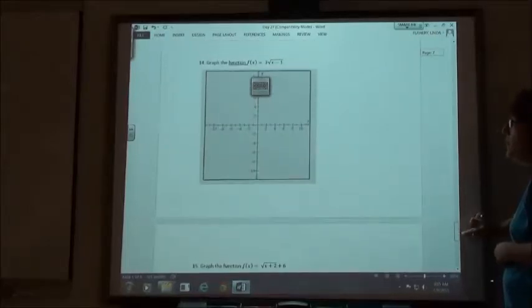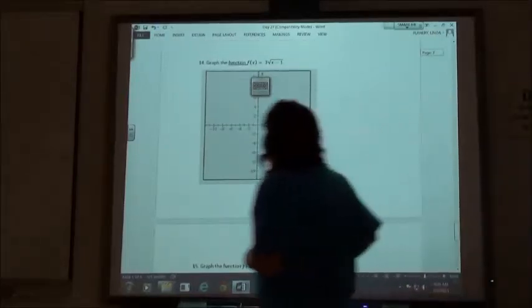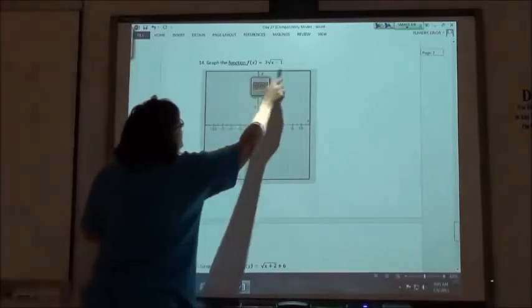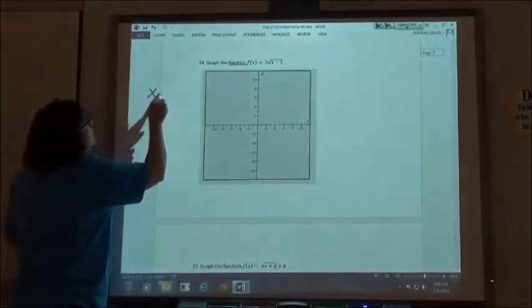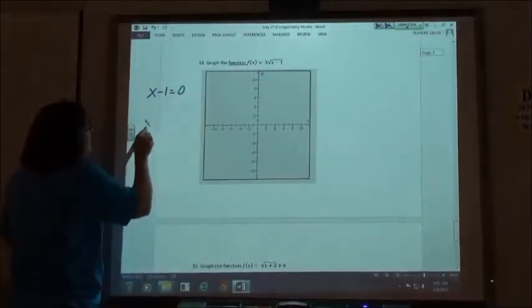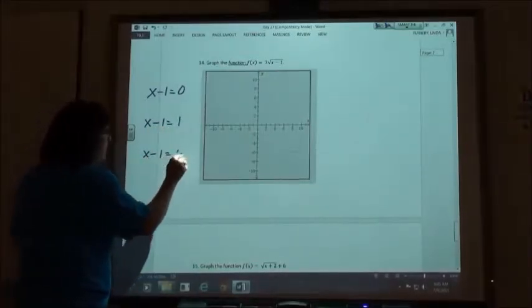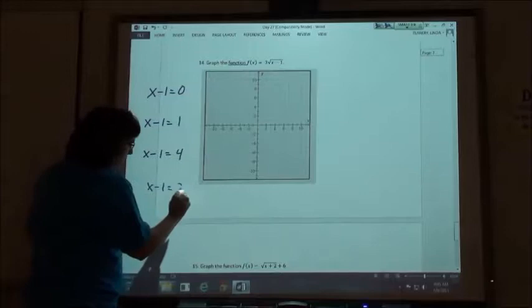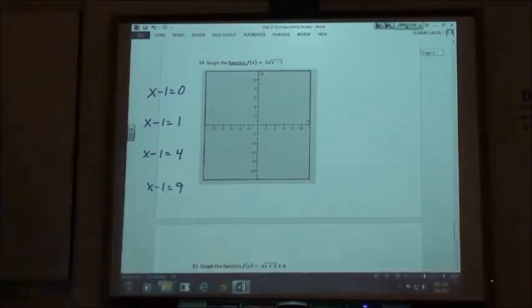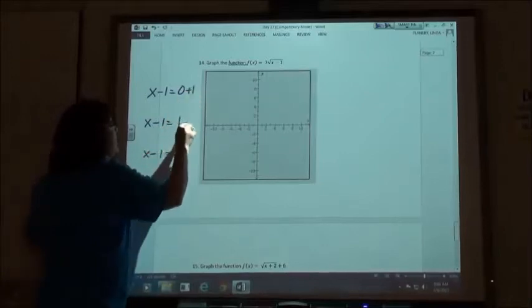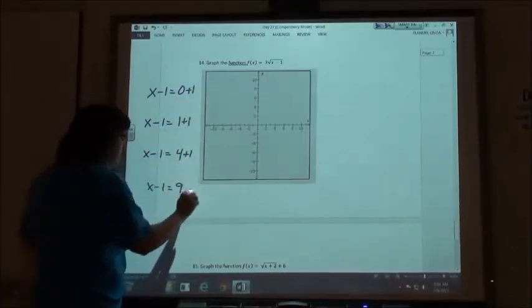So on number 14, we're doing 3 times the square root of x minus 1. Here, x minus 1 is underneath the square root. So we want to take the x minus 1 and set it equal to 0, 1, 4, and 9, and solve each of those. So we're going to add 1 to each of our values to solve them.